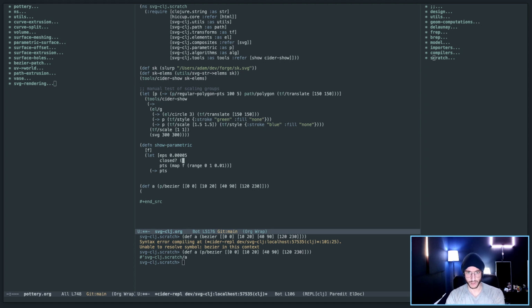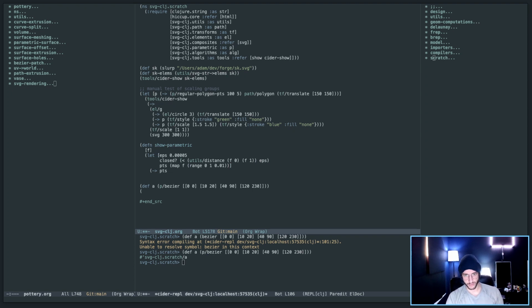Let's do utils distance. Does that work? Yeah, that should be fine. F0, F1 is less than EPS, then it is closed, otherwise it's open.